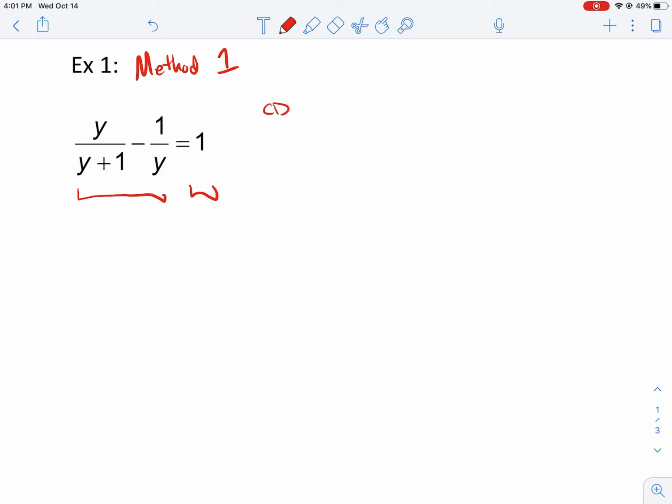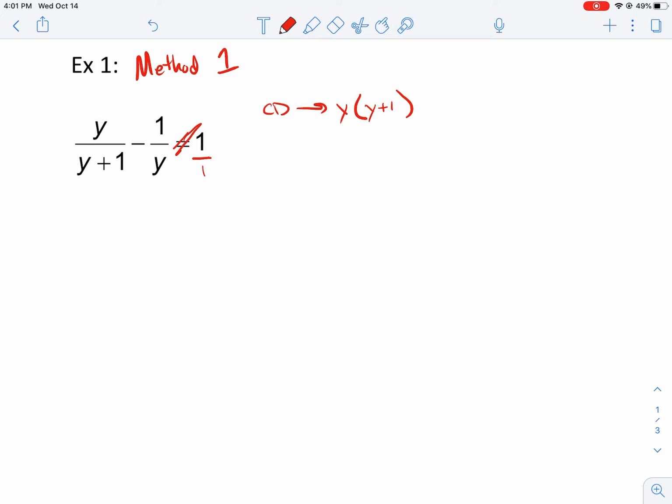In this case we have a 1 to the right, so finding a common denominator for this side is rather simple. But on the left side of the equal sign, the only common denominator we'll be able to use is just by multiplying those two expressions. So our common denominator is y times y plus 1.